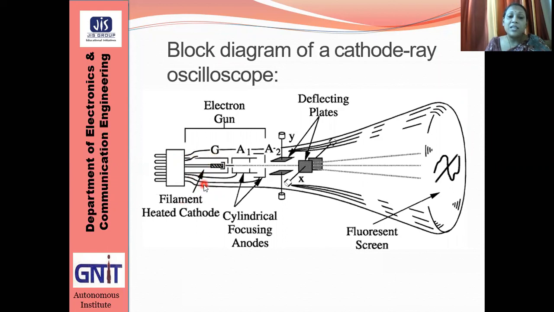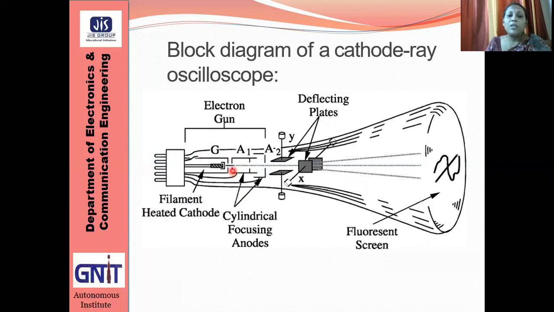This is a heated cathode. After that, there are so many focusing electrodes or anodes, A1, A2. The electron beam that comes out from the cathode is actually distributed throughout this section.